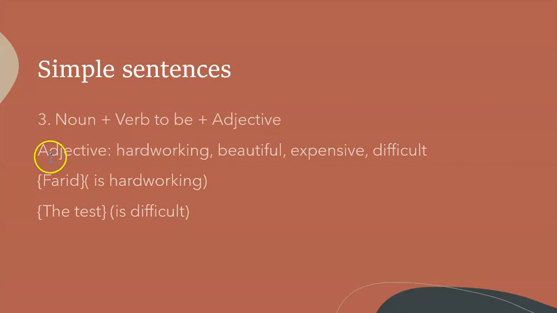So what is an adjective? Examples of adjectives are descriptive words that describe the noun. For example, how do you describe Farid? What is Farid? Farid is hardworking. If you want to describe the task, the task is difficult. So these are the three ways of writing simple sentences.